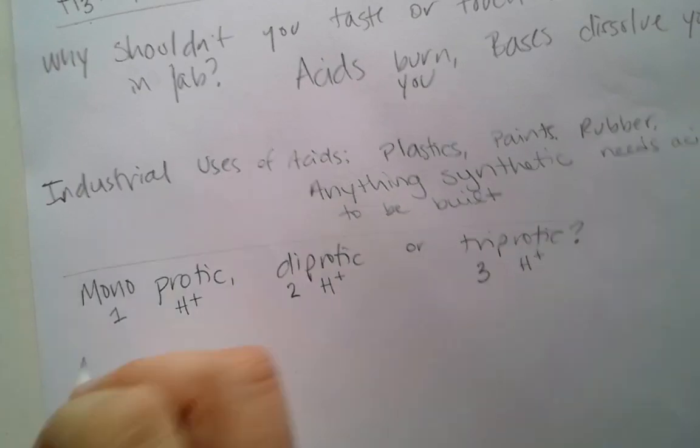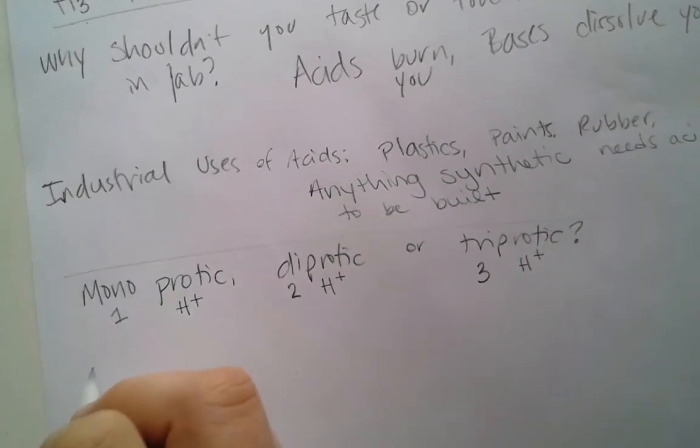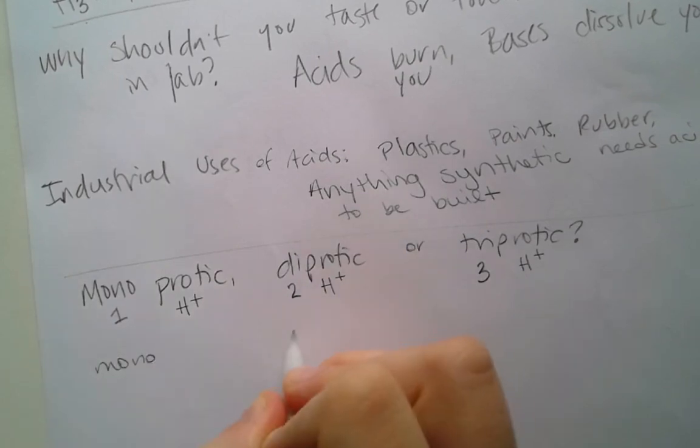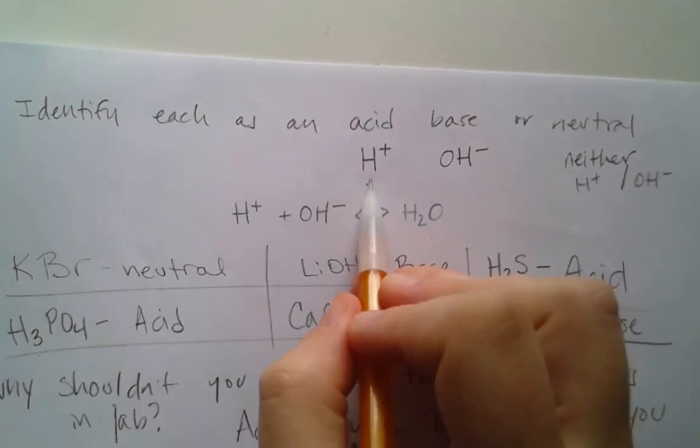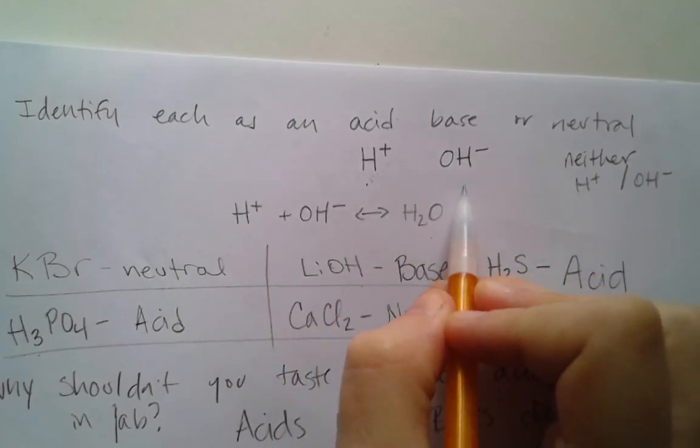Soon we'll see mono, di, and tri hydroxic. So a monohydroxic thing has 1 OH group. A dihydroxic thing has 2 OH groups. A trihydroxic thing has 3 OH groups.